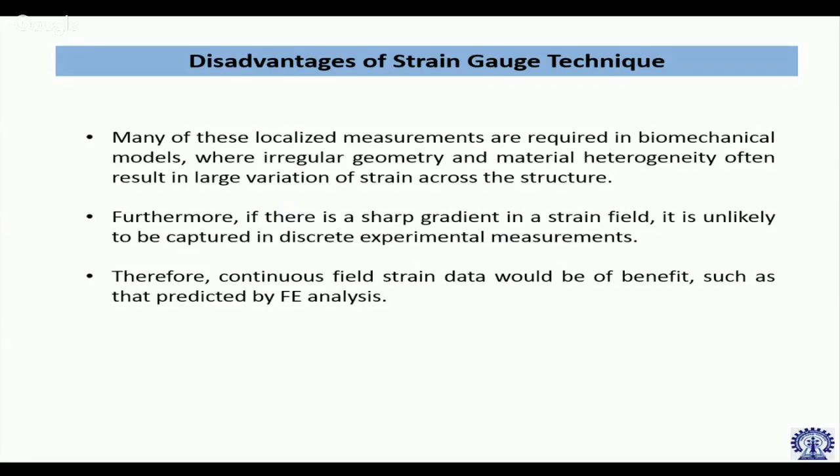Very important is large variation of strain in a particular location. That means there is a strain gradient. If there is a sharp gradient in the strain field, it is unlikely to be captured in discrete experimental measurements like strain gauges. Therefore, continuous full field strain data would be of benefit, similar to those predicted by FE analysis.